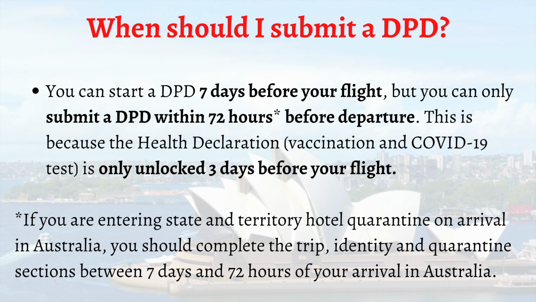This is because the health declaration, or the vaccination and COVID-19 test, is only unlocked 3 days before your flight. If you are entering state and territory hotel quarantine on arrival in Australia, you should complete the trip, identity and quarantine sections between 7 days and 72 hours of your arrival in Australia.